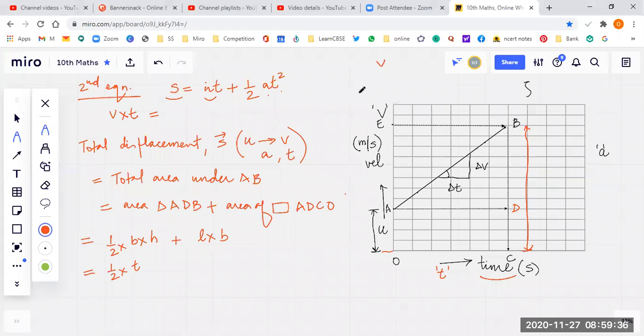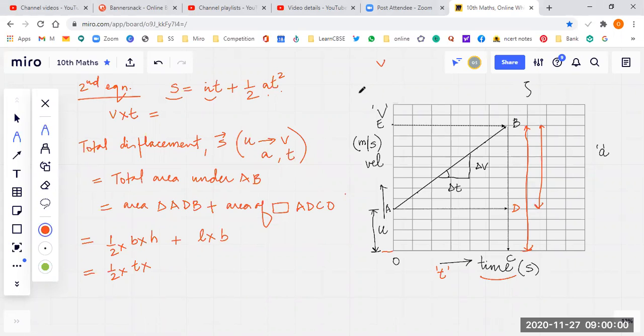And what is the height of the triangle? Height is BD. Can you see? This is the height of the triangle. So BD is equal to, already we have calculated, BD is equal to EO minus AO.